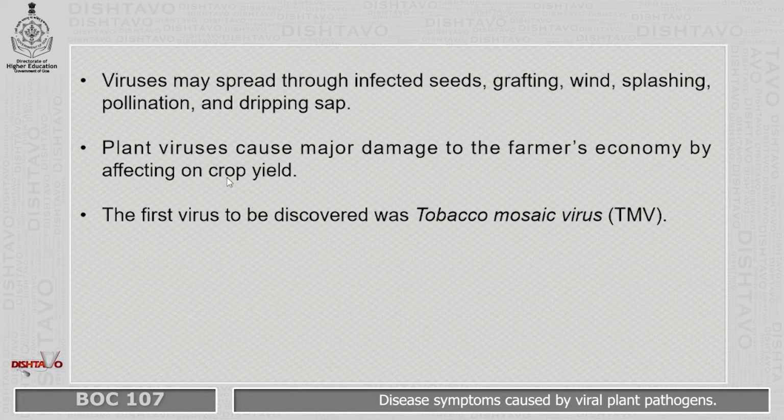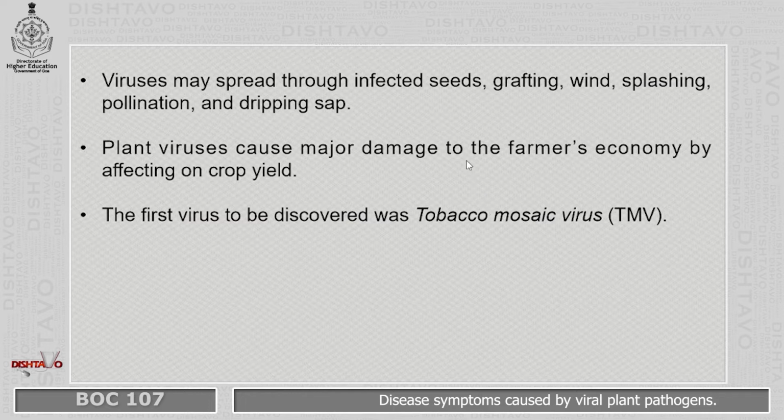Now viruses may spread through infected seeds, grafting, wind, splashing, pollination and dripping sap. Plant viruses cause major damage to farmers' economy by affecting the crop yield. The first virus that was discovered was the tobacco mosaic virus, also called TMV, which has RNA as its nucleic acid.